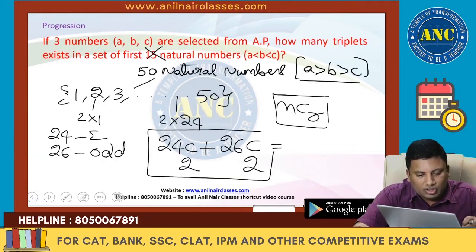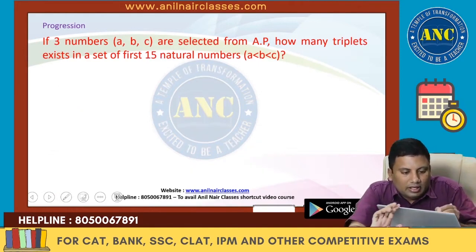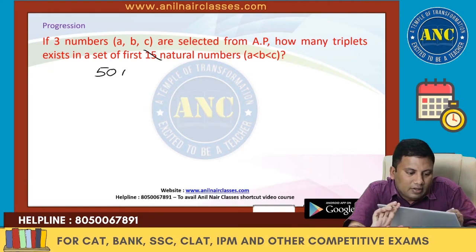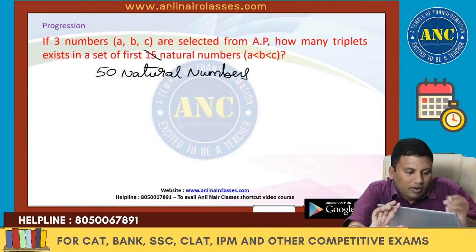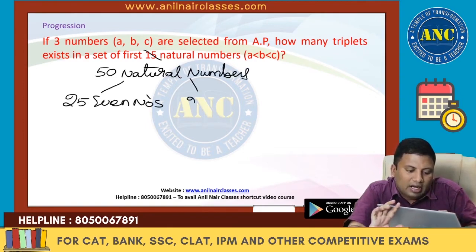Here in this question, what I did, one minute, sir. Vishnu Sai is right. 50 natural numbers. In the 50 natural numbers, I don't know why I did 24, he is right. There are 25 even numbers and there are 25 odd numbers.